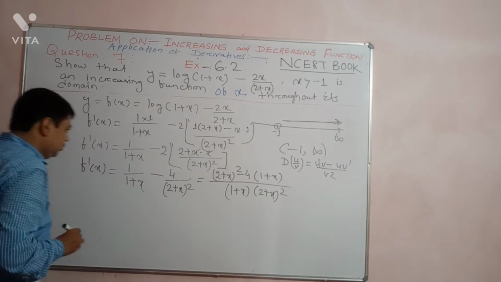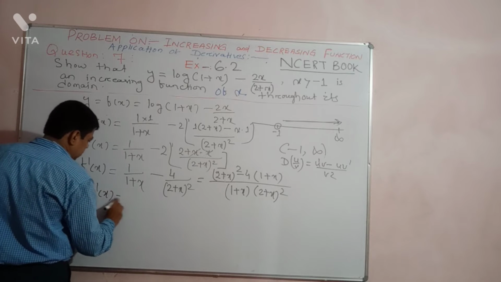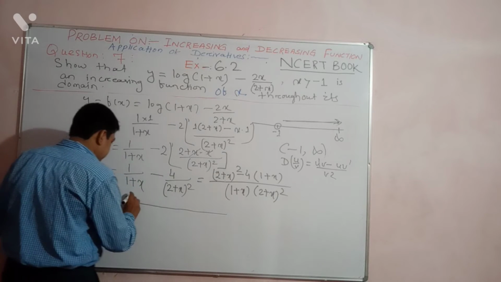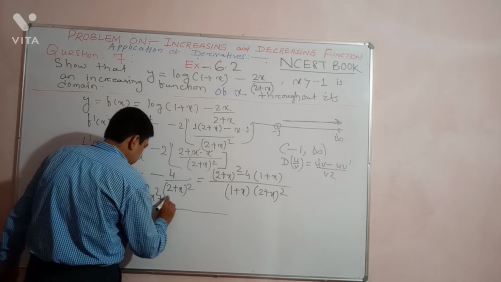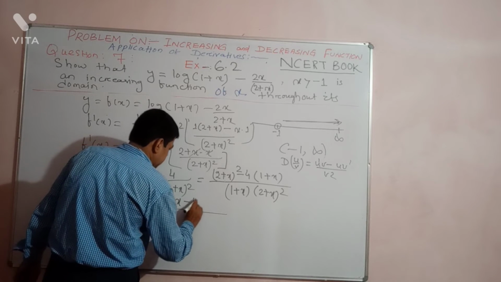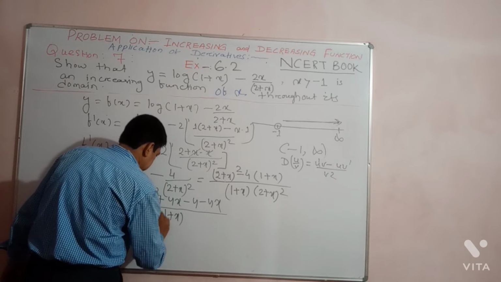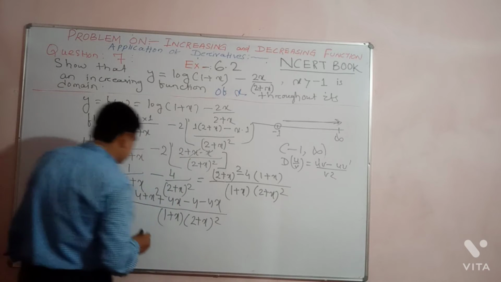Understand? Okay. And f dash x is equal to, you see, (2 plus x) whole square, you can write 4 plus x square on expanding plus 4x minus 4 minus 4x, and here (1 plus x) whole into (2 plus x) whole square. First of all, find the derivative.